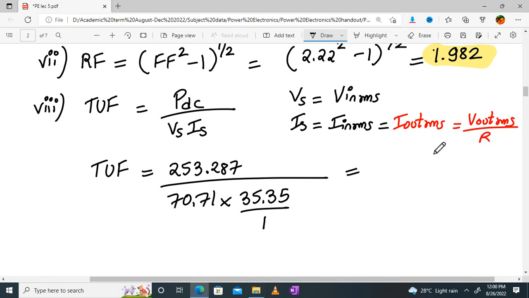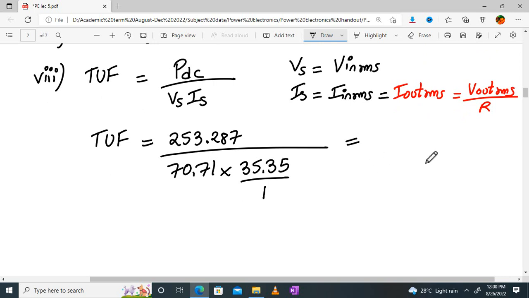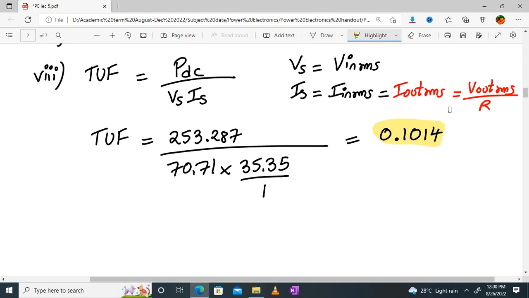So calculate this TUF. How much is this? 0.1 what? 1014? Fine. I am getting 1014. Fine. So this is TUF. Did you get it?